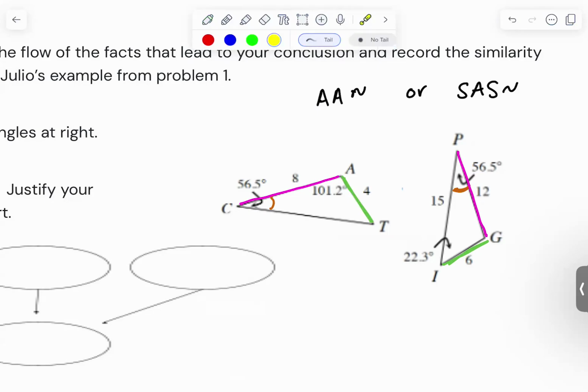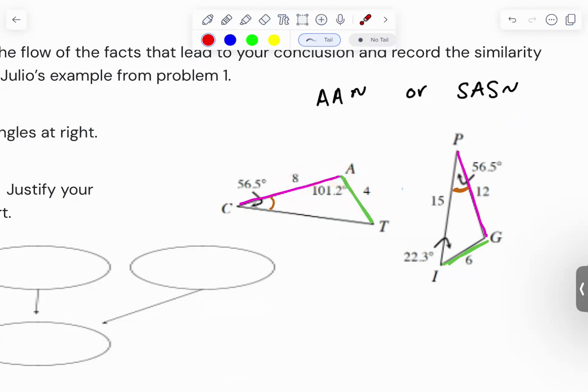One thing to note is that that angle is not between the two sides. So we would have to establish that G and A are the same in order to use side angle side similarity. Think about it as angle side side. We can't establish similarity like that. It has to be side angle side.